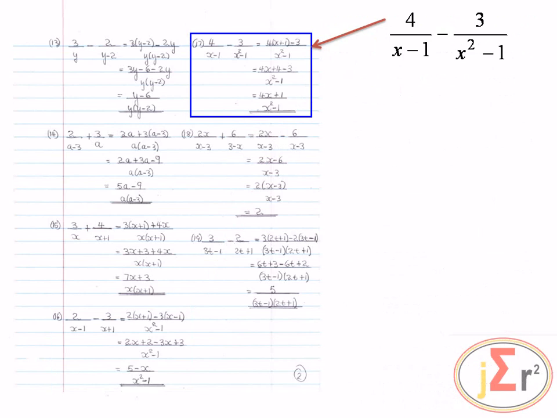So let us proceed to use the common denominator in this particular case. We will take a microscopic look at this one, as well as we will do for this one. But let us take a look at the present problem first.